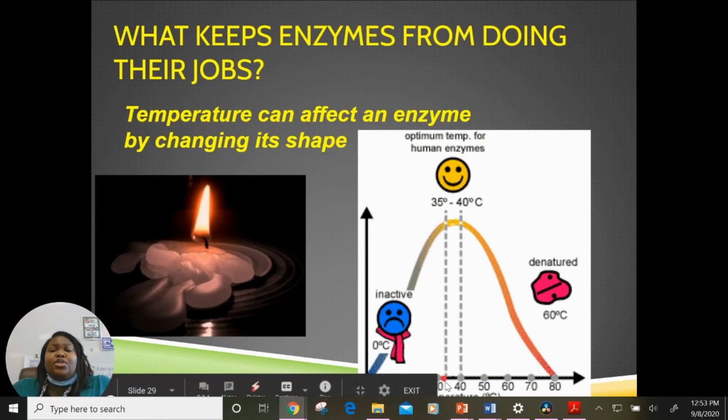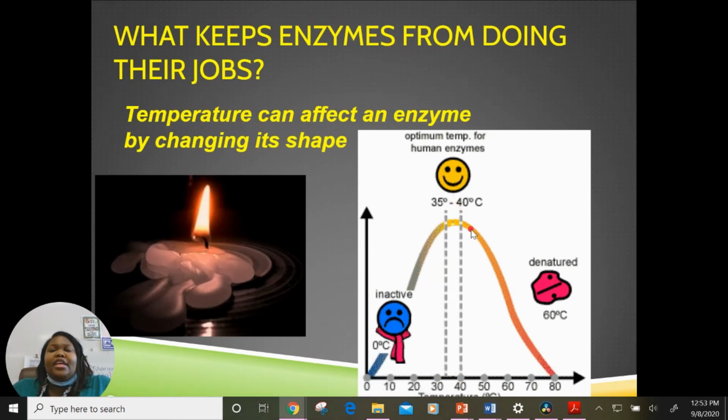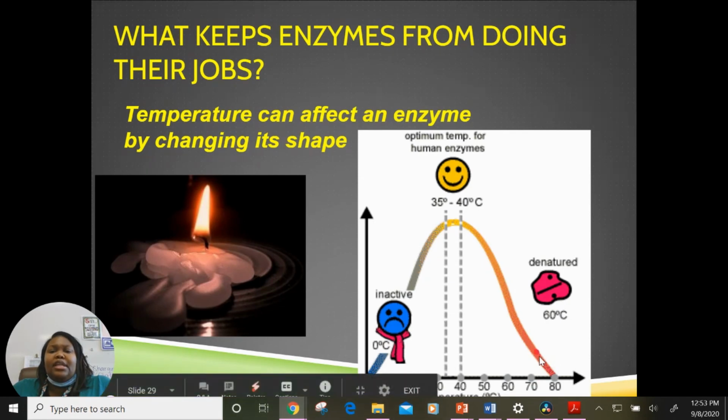When it gets to between 35 and 40, that enzyme is at its optimum temperature, its ideal temperature. It's working really well. And then as we get hotter, the enzyme stops working again. This time, the enzyme is denatured. It has changed its shape and it can't work.